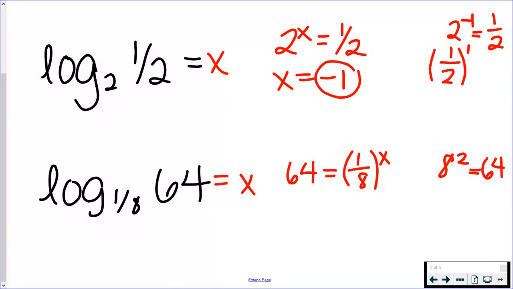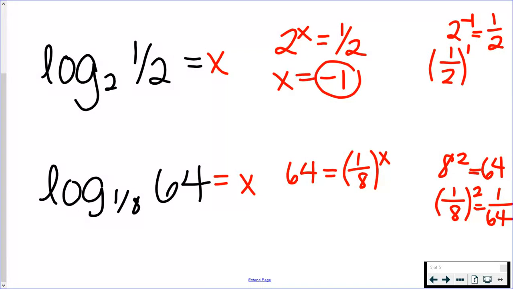However, I don't want an 8, I want 1/8. So I'm getting close. Now I've got 1/8 squared, but we know that that would be equal to 1/64.